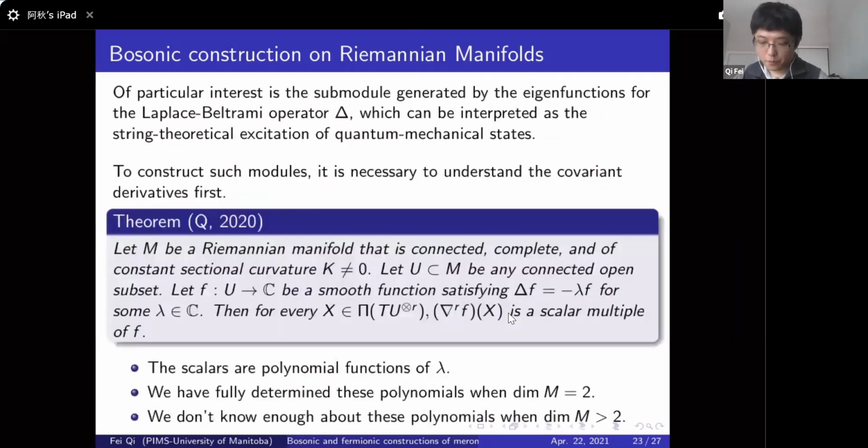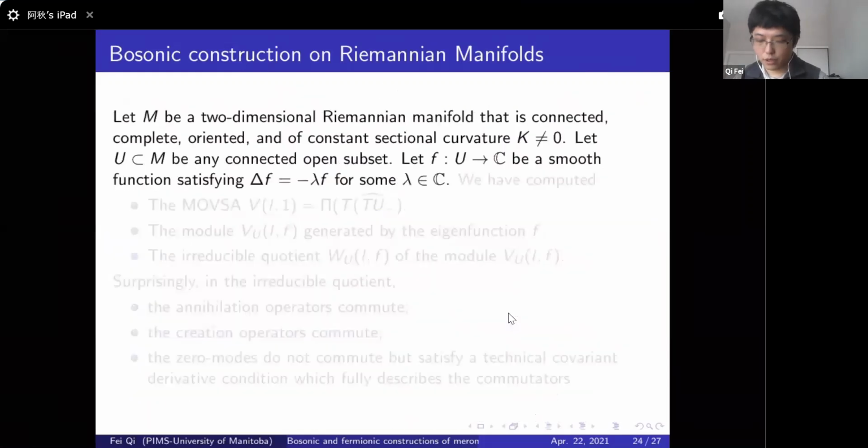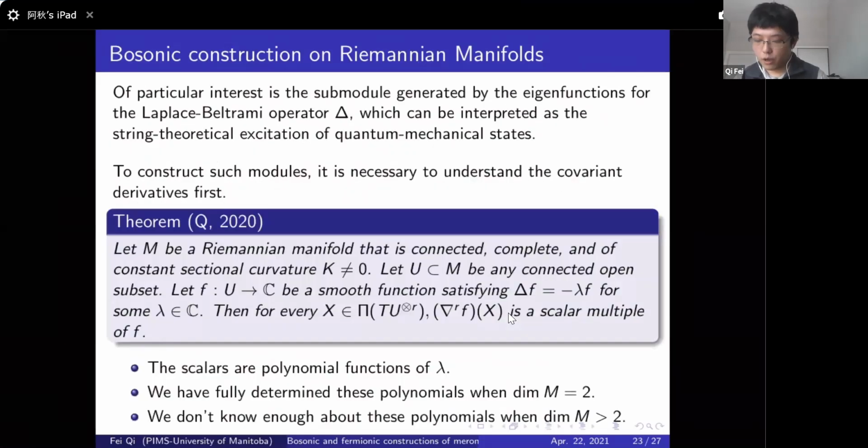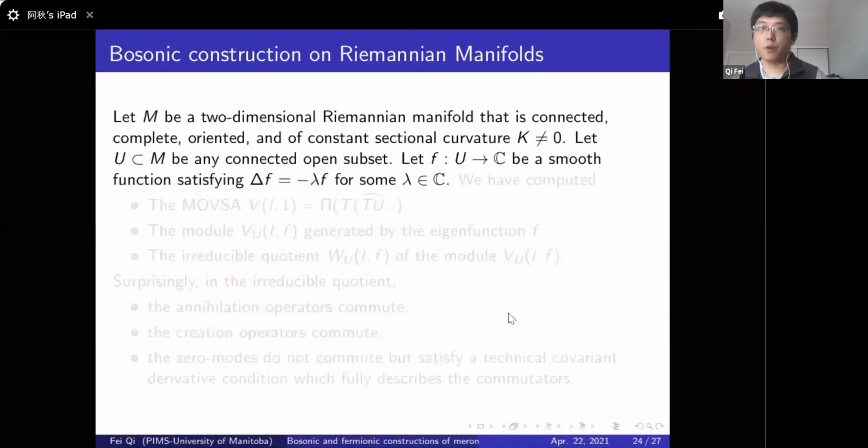Okay, let me continue. Once we understand these covariant derivatives, we can proceed to construct the meromorphic open string vertex algebras and modules. Because we already have full understanding for dimension 2, for the rest of the talk I will restrict myself to two-dimensional Riemannian manifolds.